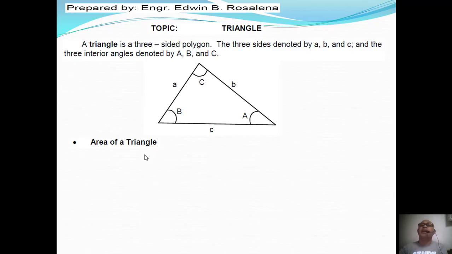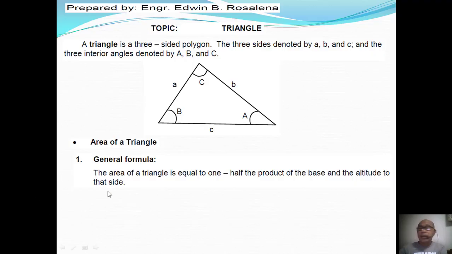It depends on the given. The first formula, which is the general formula: the area of a triangle is equal to 1/2 the product of the base and the altitude to that side.